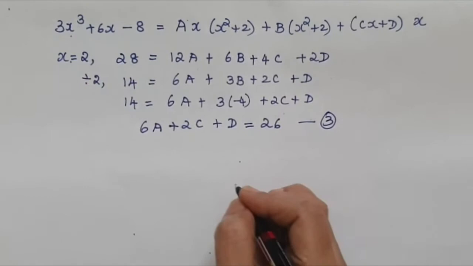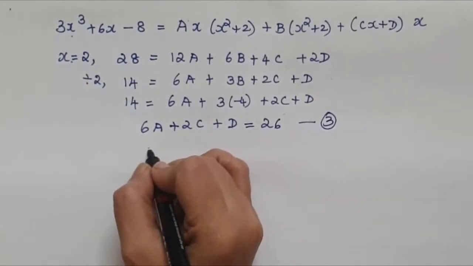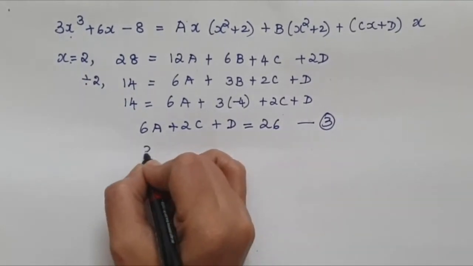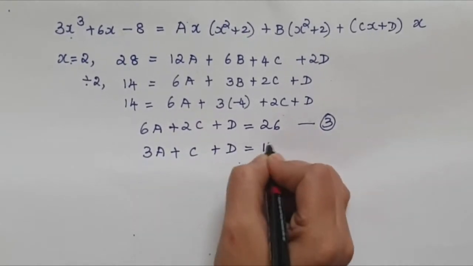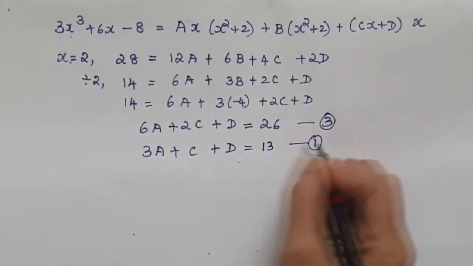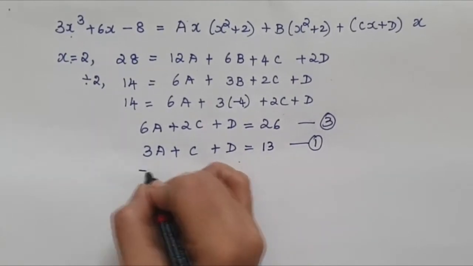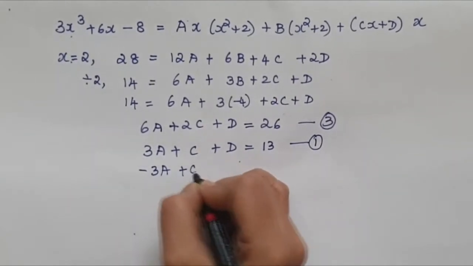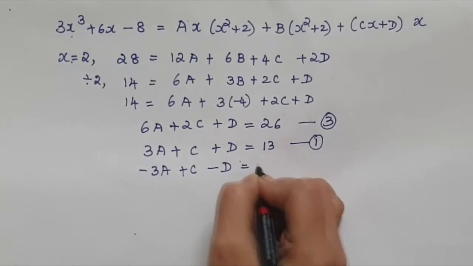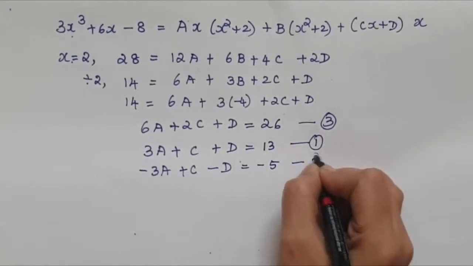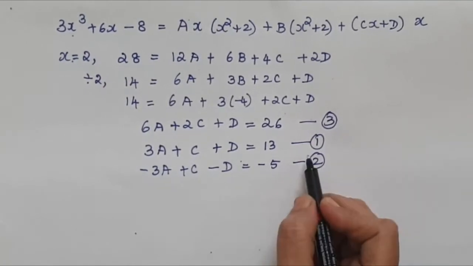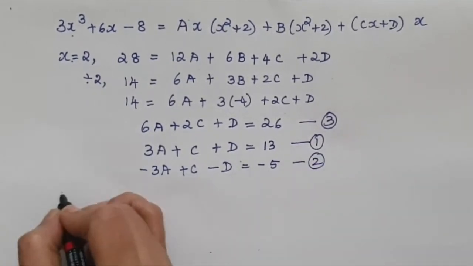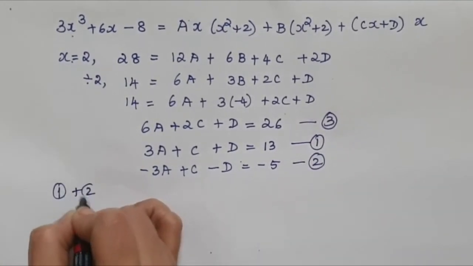I'll write the first and the second equations also over here so that it is easier for us to solve. It is 3a plus c plus d equal to 13, our first equation, and minus 3a plus c minus d equal to minus 5, our second equation. Now we just add equation 1 plus equation 2.